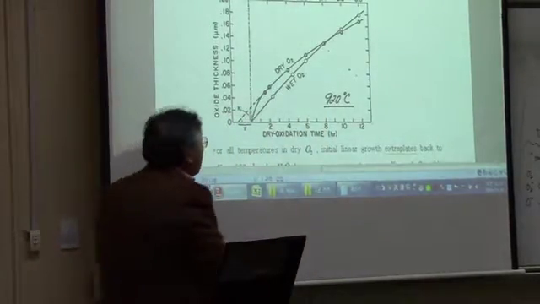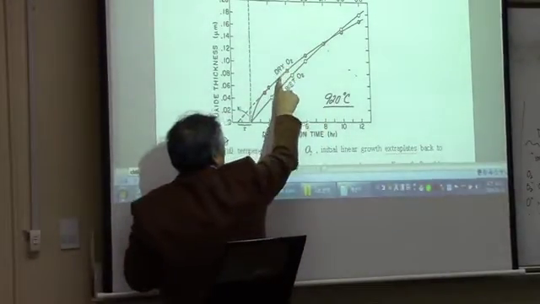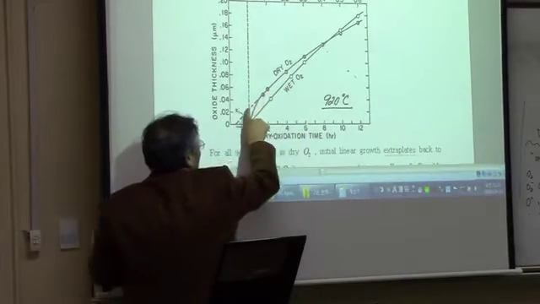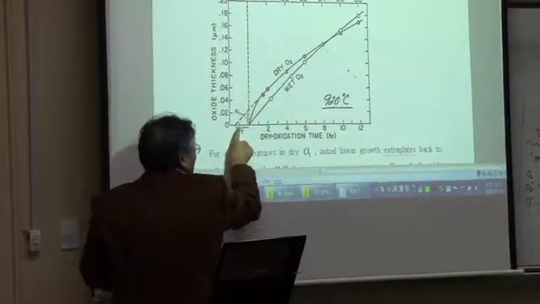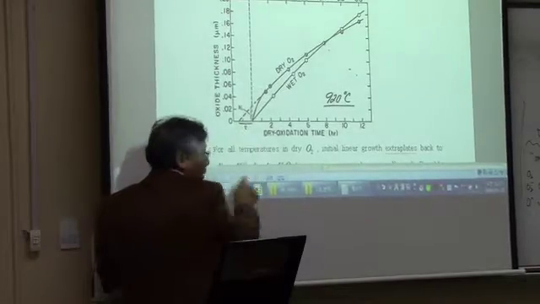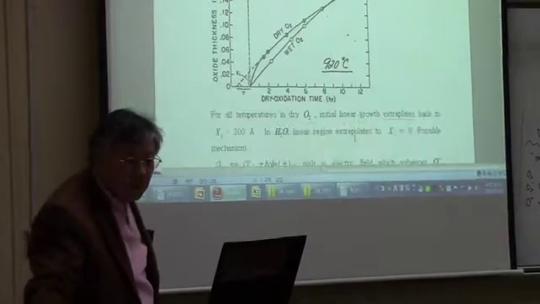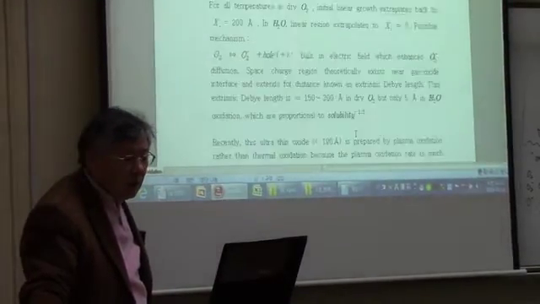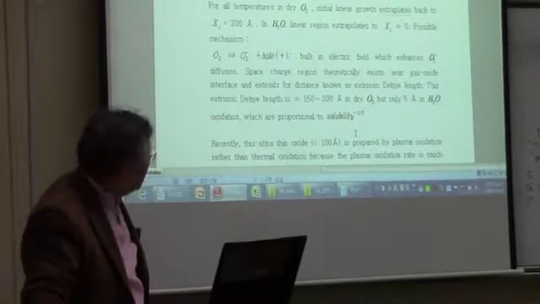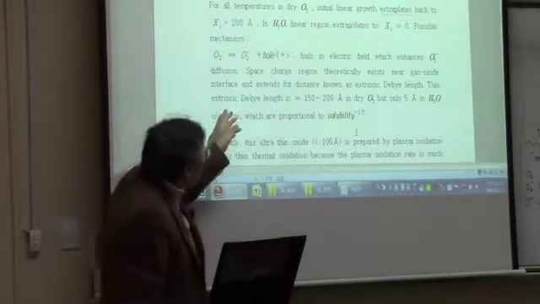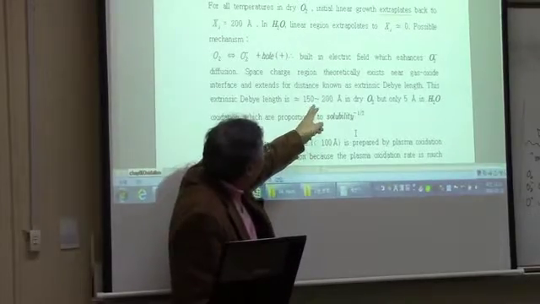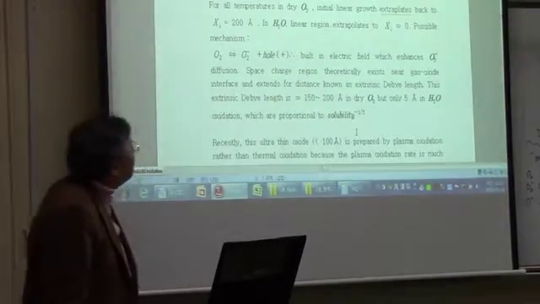That's very strange, isn't it? And then you extrapolate this dry oxidation, and you can see the incubation time, say incubation time tau, by extrapolation, corresponding to 150 to 200 angstrom.